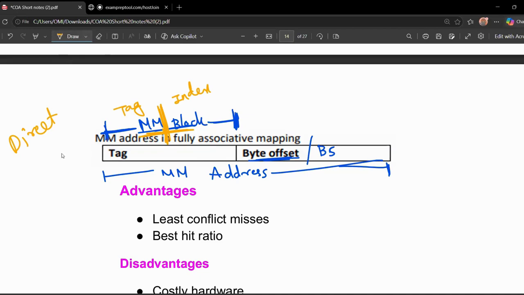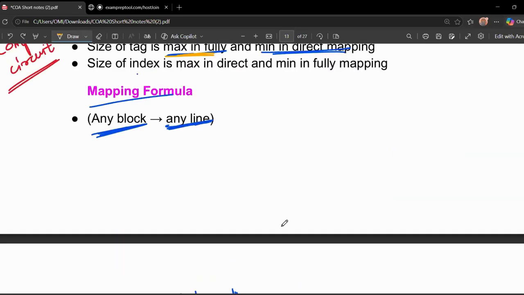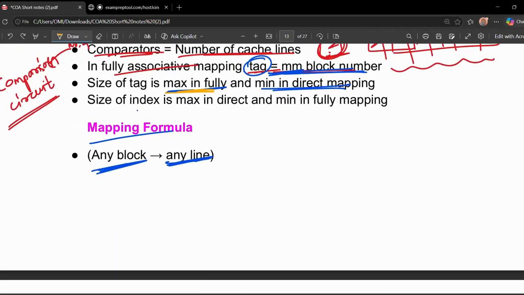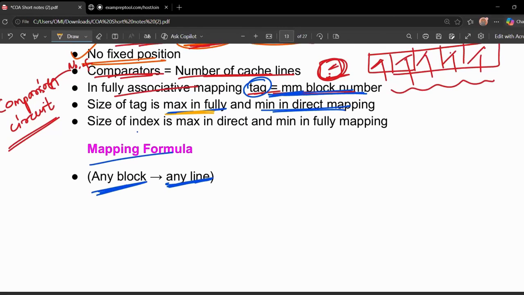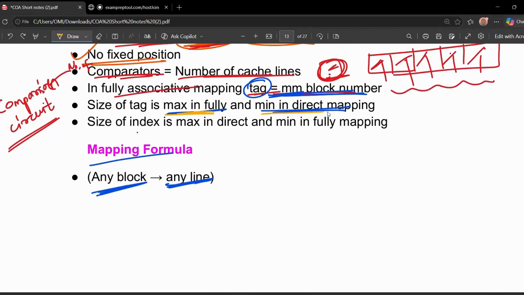But here we don't have to divide. So the tag is maximum in fully and minimum in direct mapping. Now, why minimum in direct mapping?